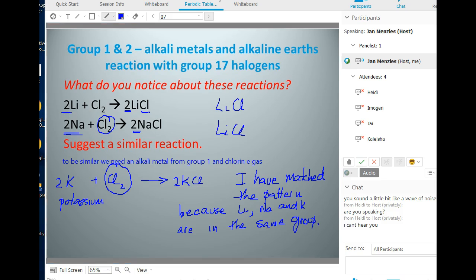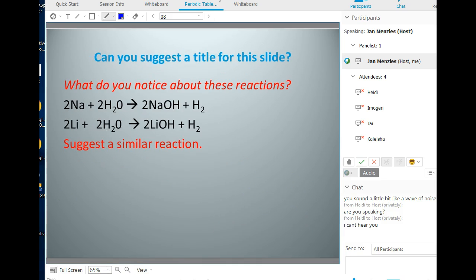Okay. And we can do the same again, but time's got away from us. So just very quickly, again, we've got sodium an alkali metal and lithium an alkali metal. They're in group 1. This time they're both reacting with water.